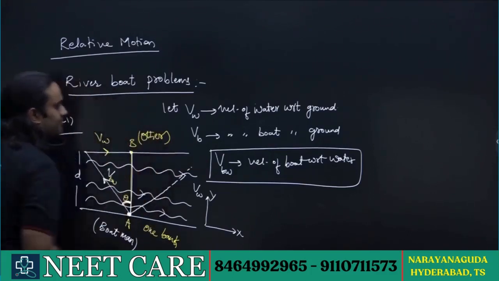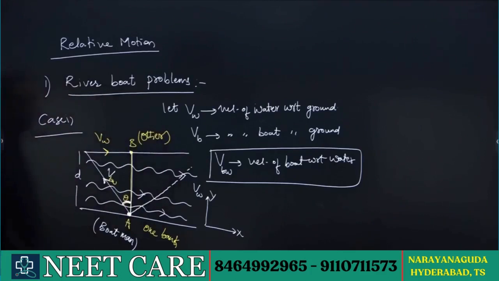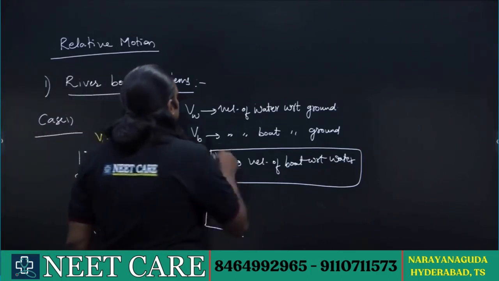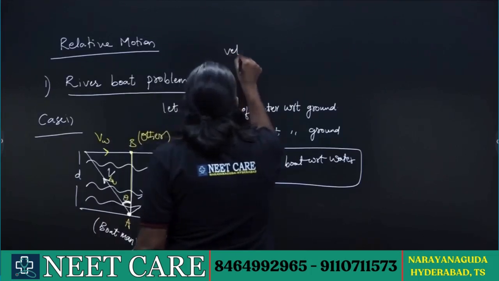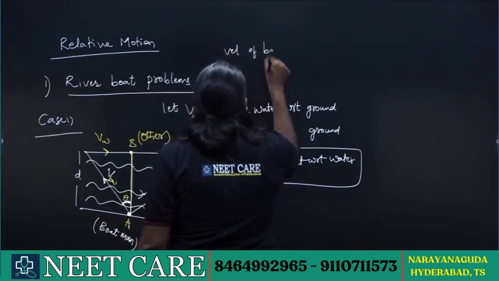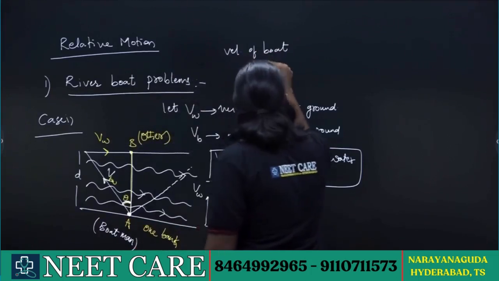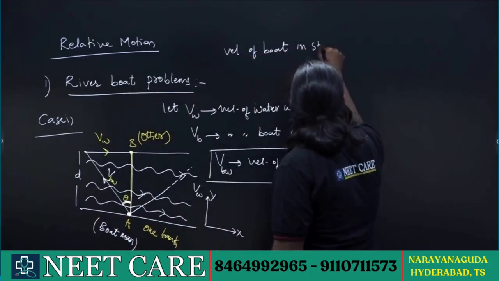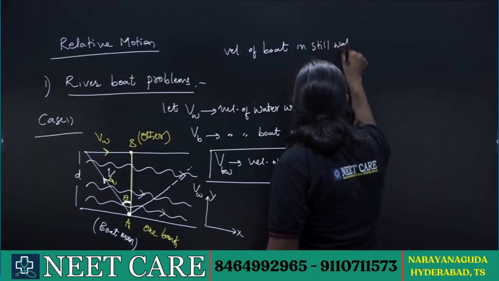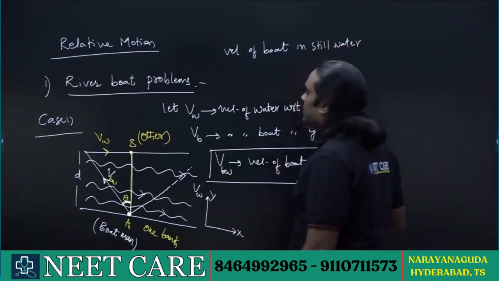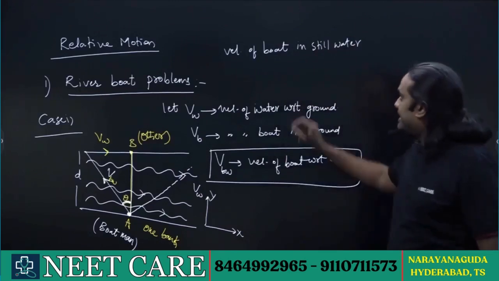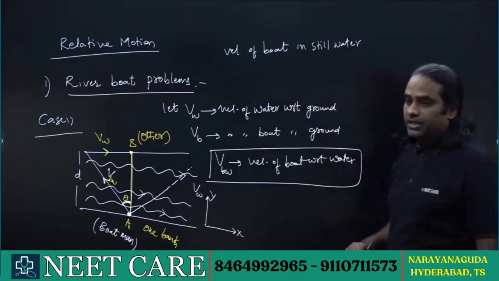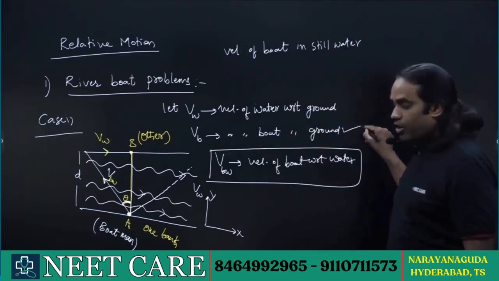not VB. Listen carefully. If you are given a statement like velocity of water, velocity of boat in still water, very frequently you will be given this statement, velocity of the boat in still water. Many people think that still water means water is at rest, so they will treat this as VB, and the problem will go wrong.